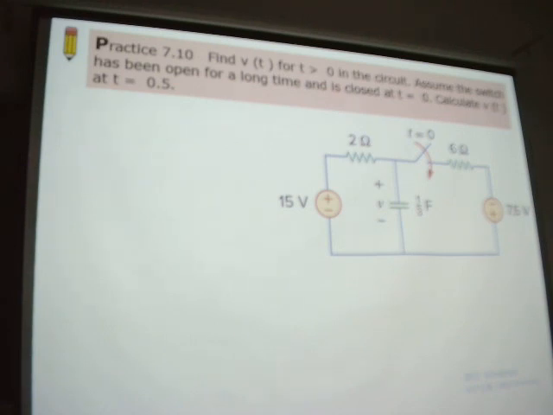That is our target. So we cannot calculate the time constant before that. If it is RTH for t smaller than 0, then the RC is for t smaller than 0 as well. But our target is t greater than 0. Clear? Okay.